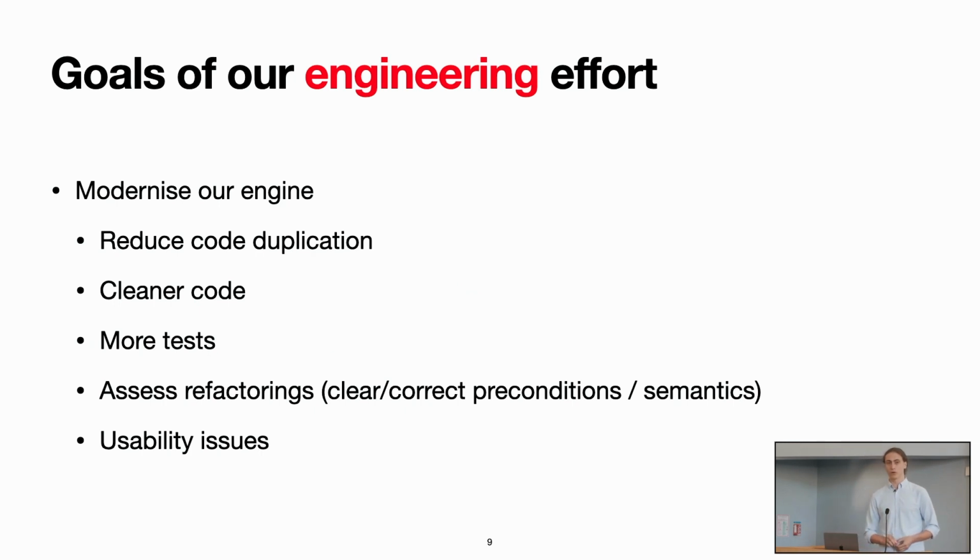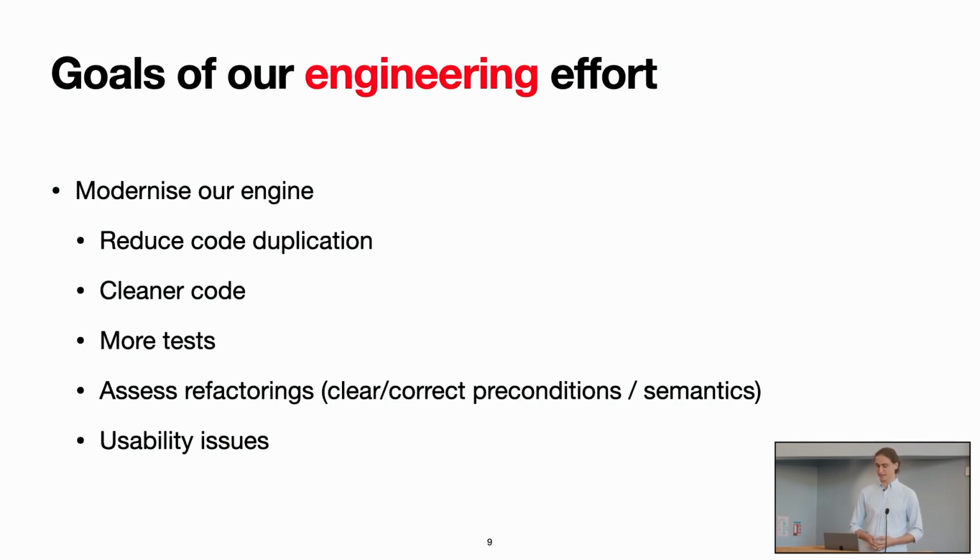So the goals of this talk are two-way. We have engineering and scientific goals. The engineering effort that we're trying to do is to modernize the refactoring engine, so reduce code duplication, cleaner code, and produce more tests, because it's sometimes very hard to reason about preconditions and everything unless they are covered with tests, and create some changes, because a lot of you are, and me as well, and everyone is depending on refactoring, and we don't want to do some non-behavior preserving refactorings.